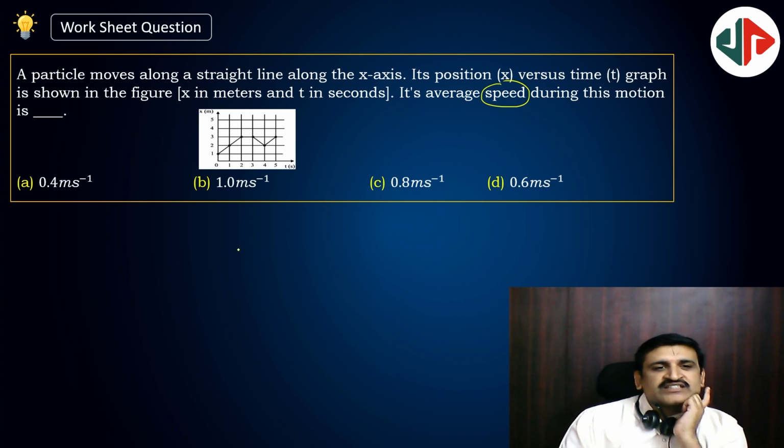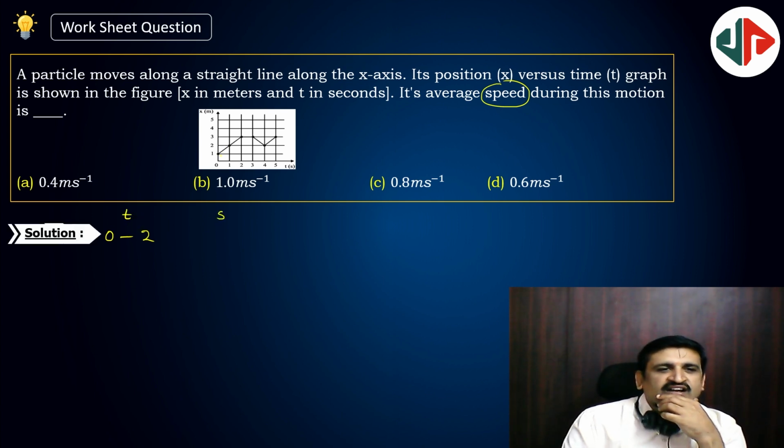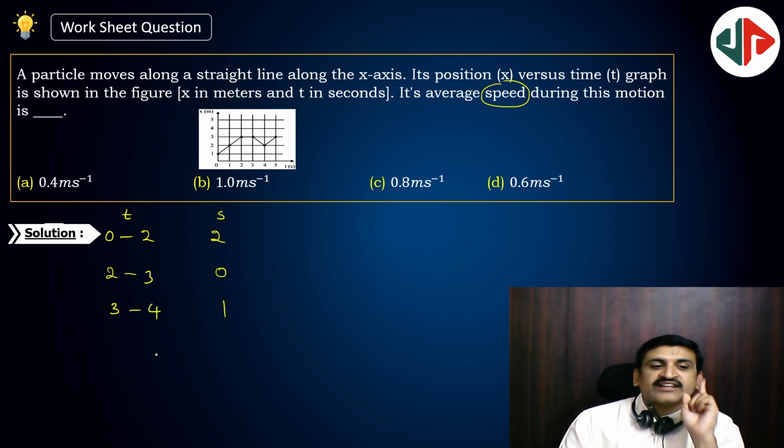What is the distance between 0 to 2 seconds? This is time. What is the distance 0 to 2 seconds? 1 to 3, is 2 meters. Next, 2 to 3 seconds, 0 distance, it's at 3, same position only. Next, 3 to 4, distance is 1, distance positive magnitude.